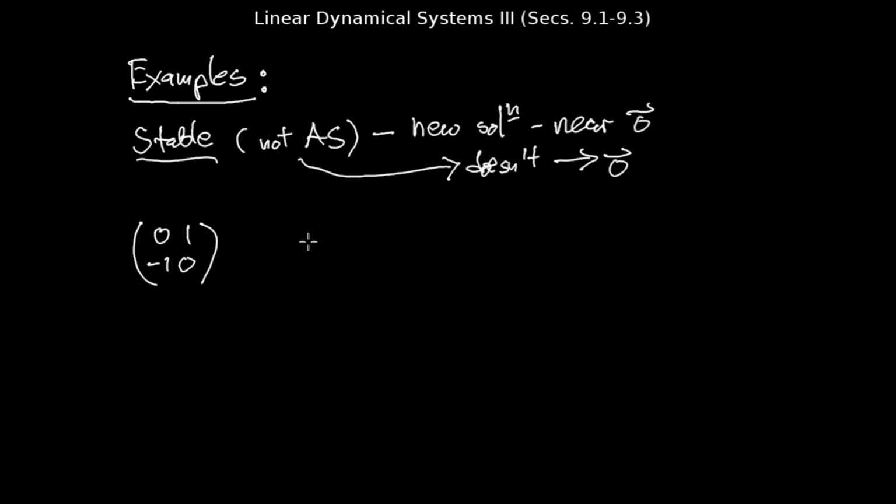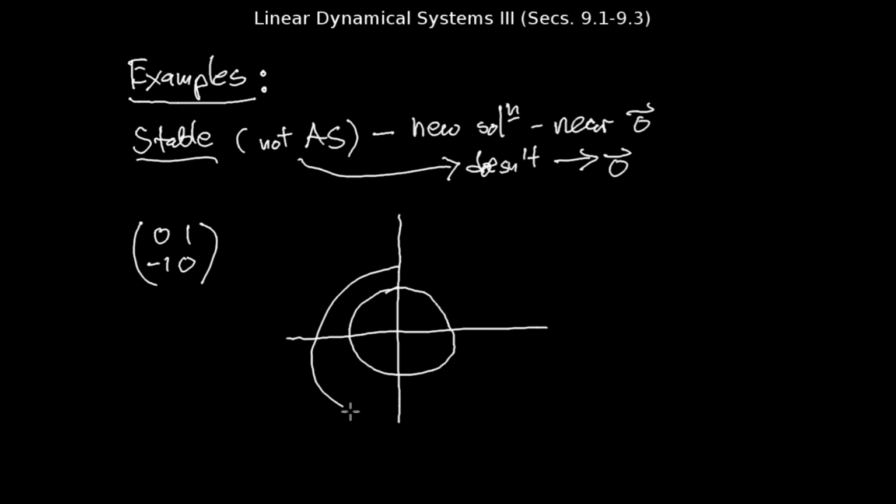So the standard example is this matrix here. And we know that the trajectories are a bunch of concentric circles. And if you start at 0 and deform out a little ways, the new solution that you get on is this circle. And you go around and around that circle forever. You stay near 0, but you don't actually approach it. So that's the notion of stability.